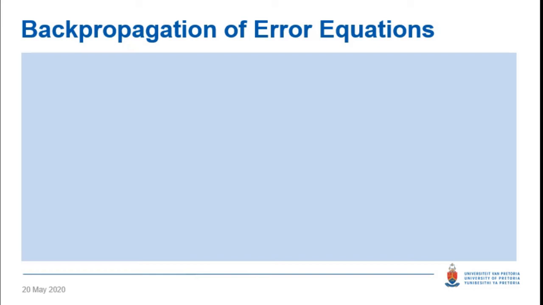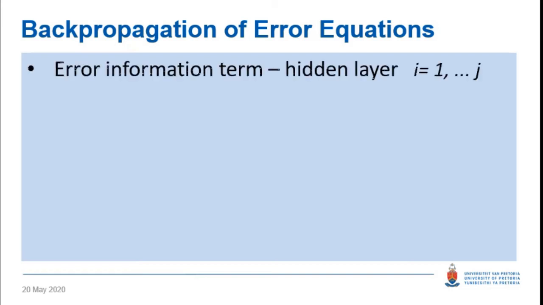So as we did for the output layer, we then calculate the 3 error terms for the hidden layer, and that's the error information term, the weight correction term, and the bias correction term. So if we look at these equations, they're very similar to the previous ones.